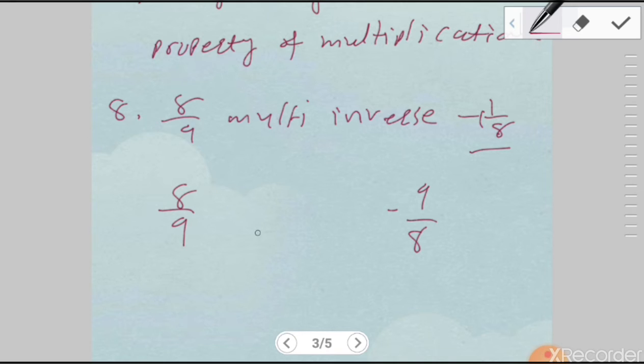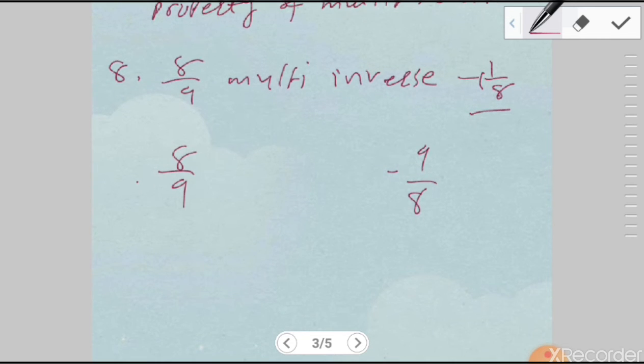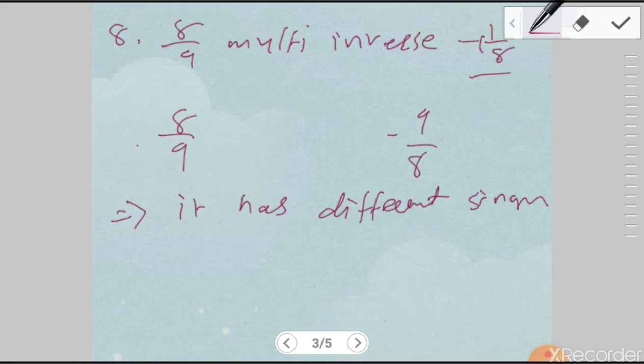If it is positive, its reciprocal must be positive, but it is not, so we can say that this is not a reciprocal. First, it has a different sign. That's why we can say that it is not a reciprocal.